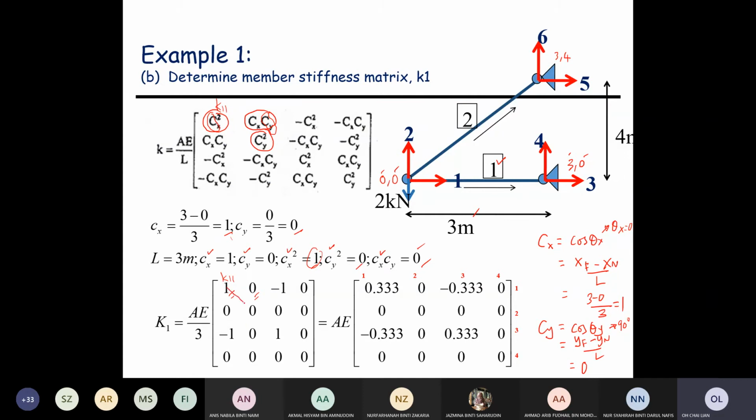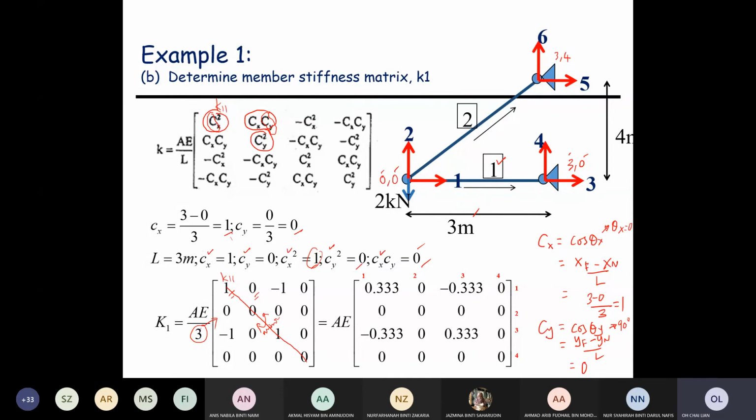Again, you can see that the upper triangle is actually a mirror, these are mirror lines, so doing only the top triangle will do. If you want to put in the length, if the length for each member is different, you will need to put the length into the matrix. So it becomes this.